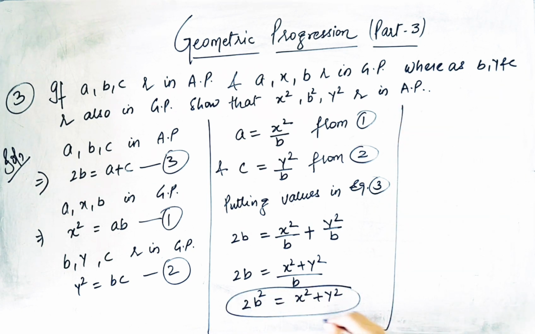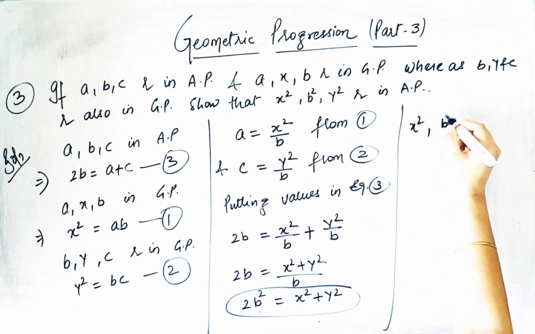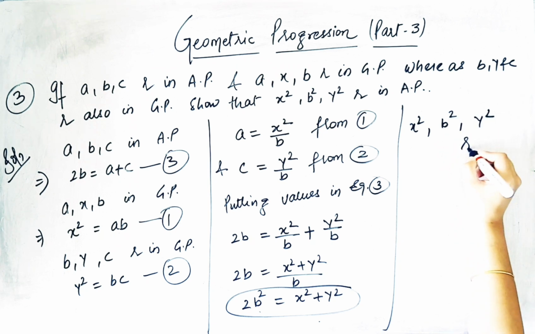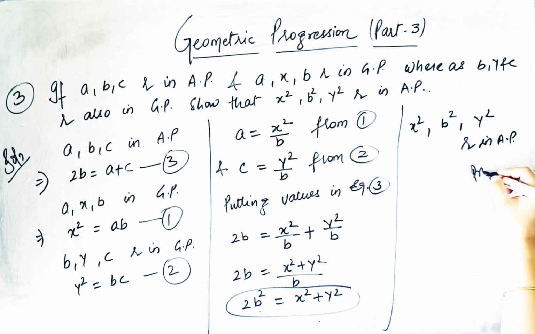And this is again the condition of AP, because here 2B square means this is the middle term, and X square, B square, Y square are in AP. Proved.